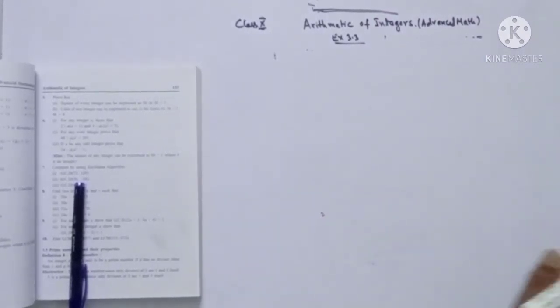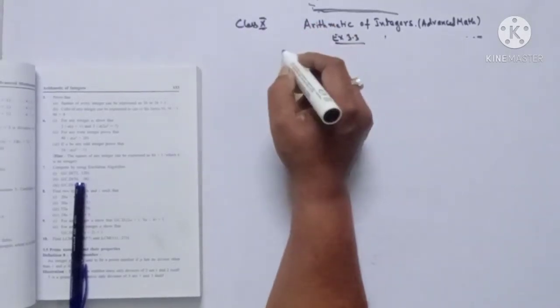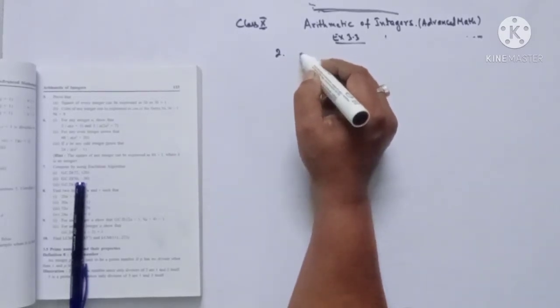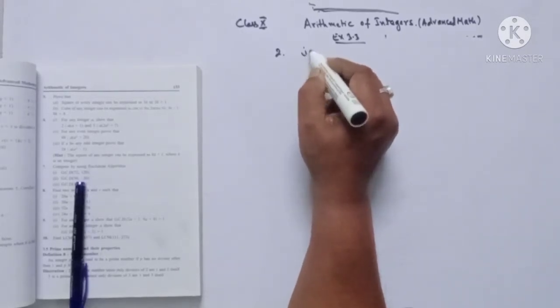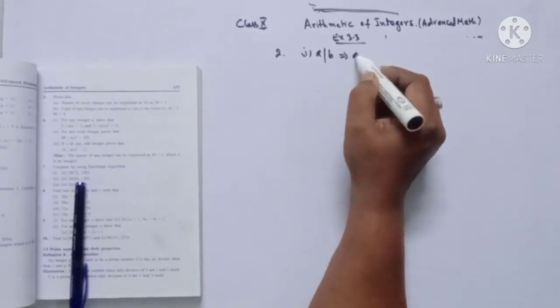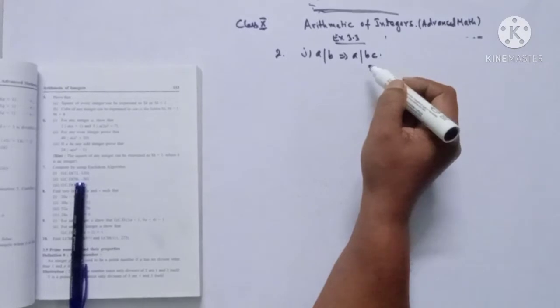Again, we have to show that first, if A divides B, which implies that A divides BC.